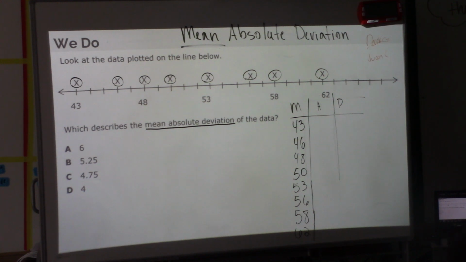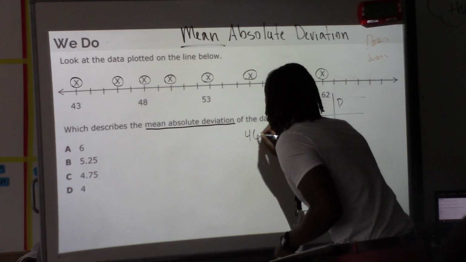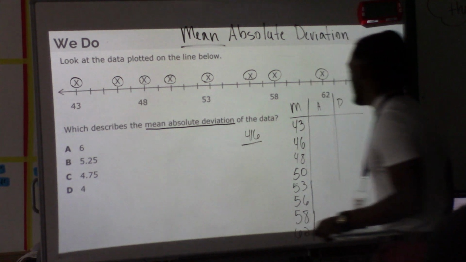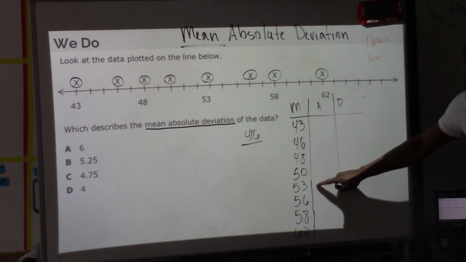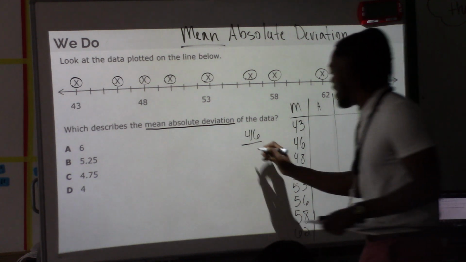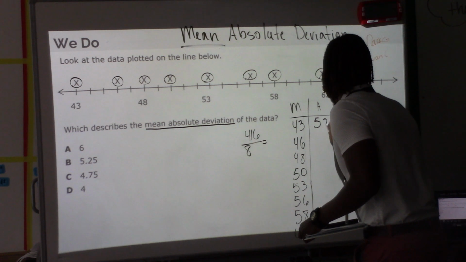No. 416. All right, so 416 divided by how many? 8. 1, 2, 3, 4, 5, 6, 7, 8. Divided by 8, what do I get? 52. So my average is going to be 52.